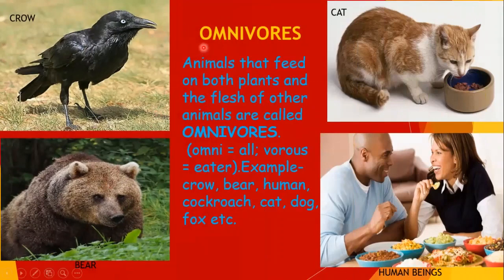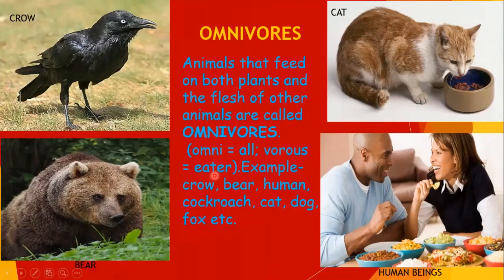The next group is omnivores. Animals that feed on both plants and the flesh of other animals are called omnivores. The term omnivores is made up of two words, omni and vorus. Omni means all and vorus means eater, all eater.